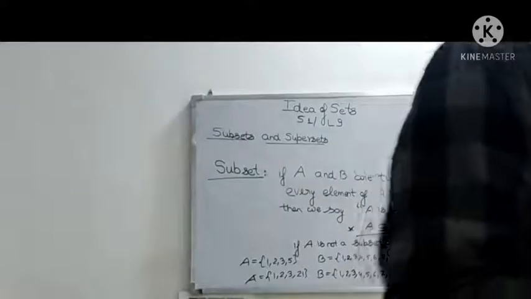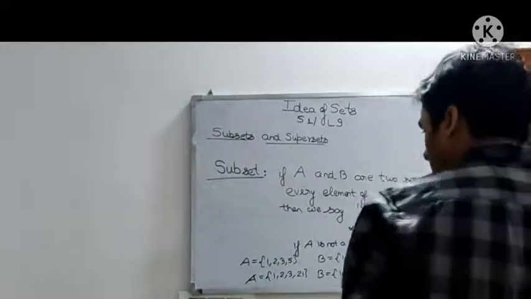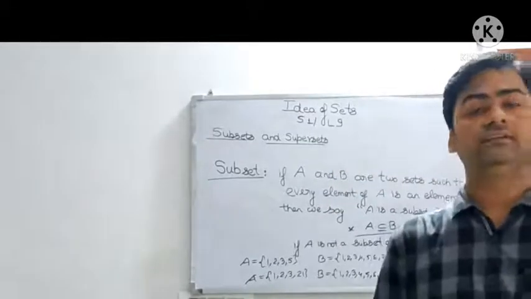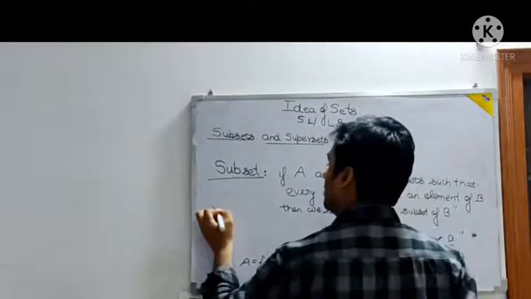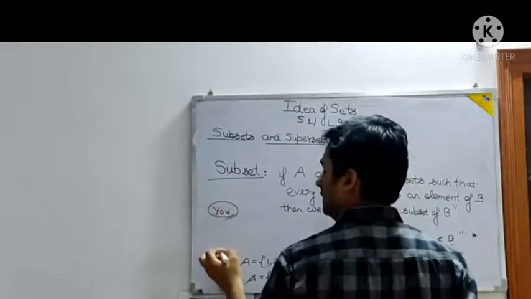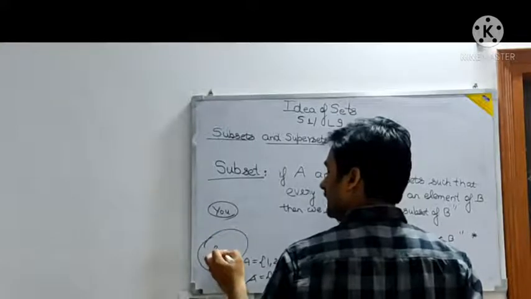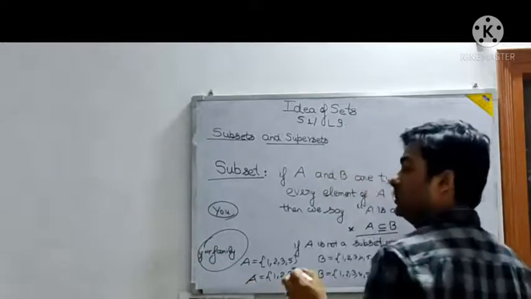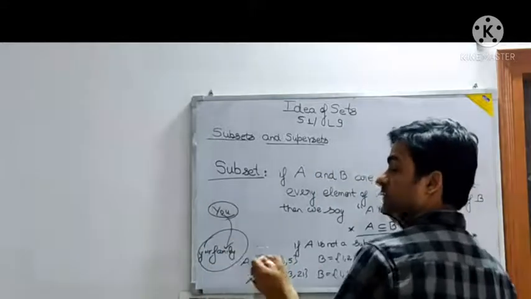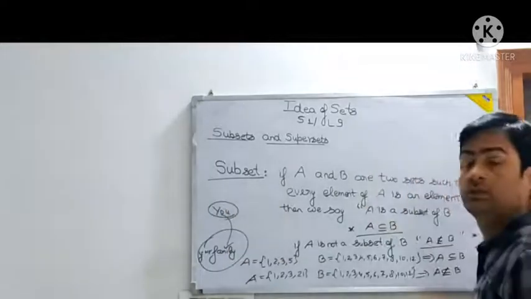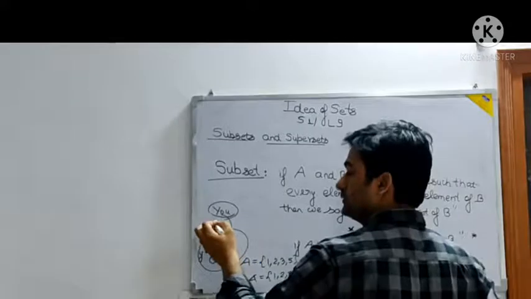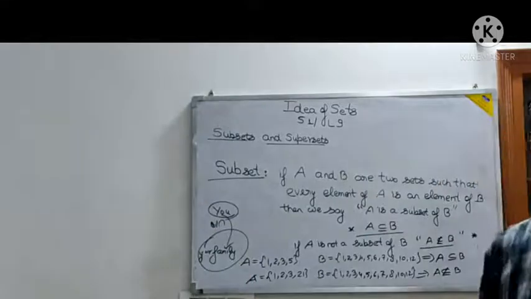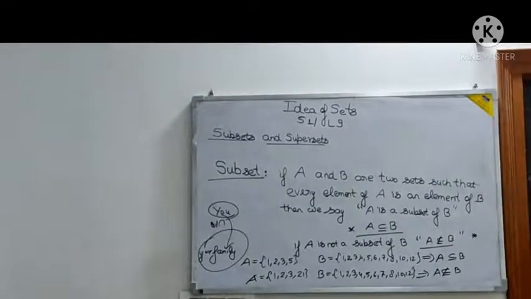Some example I can give you: consider you as a family member. You are there, your parents are there, your brothers and sisters are there. In your family, can we say you are an element? That means your family contains you. Can we say that you will be a subset of this one? I'll grab the board and then draw properly.